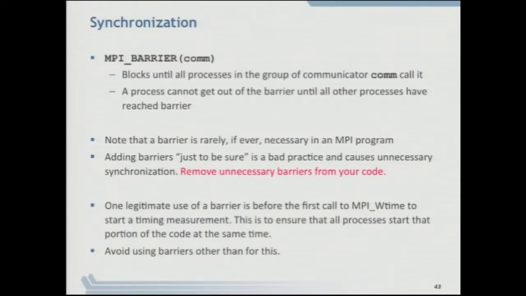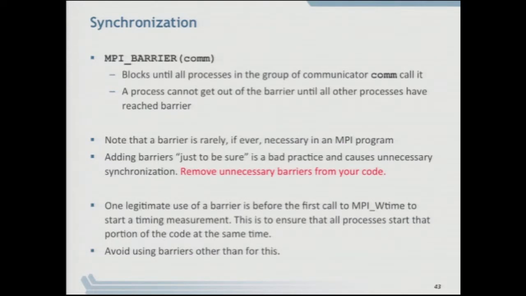So let's look at the first one, the MPI Barrier, which is simple. It just takes one parameter, which is the communicator. And what it says is that this MPI Barrier will block until all processes in the group of the communicator have called the barrier. It's useful if you want to get to a known state, by which I mean a point where everyone has reached there.